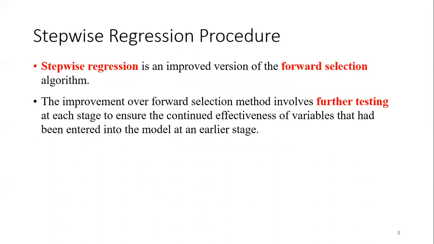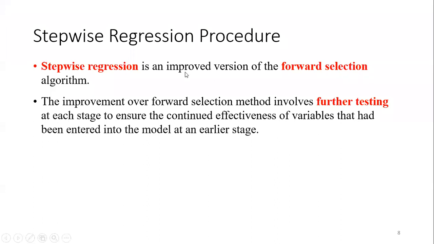So stepwise regression is in fact an improved version of the forward selection, or a mixture of forward and backward algorithms. In stepwise regression, at each step, when we add a variable, we check whether there are any other variables that can be removed from the model.